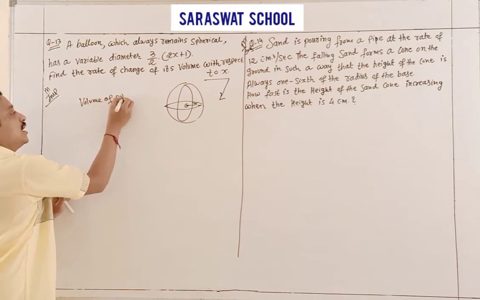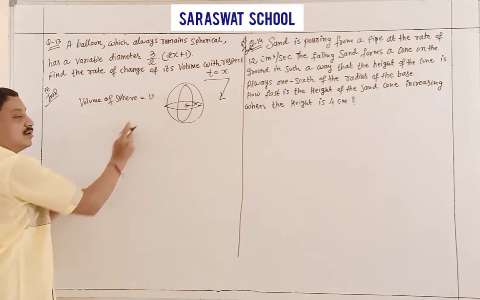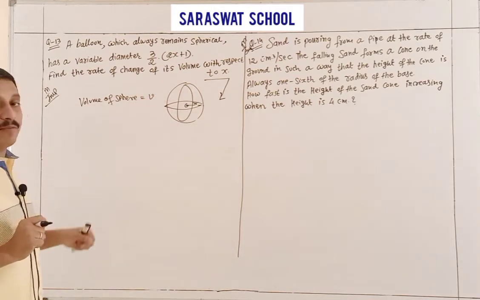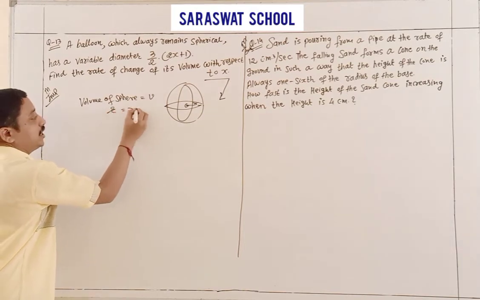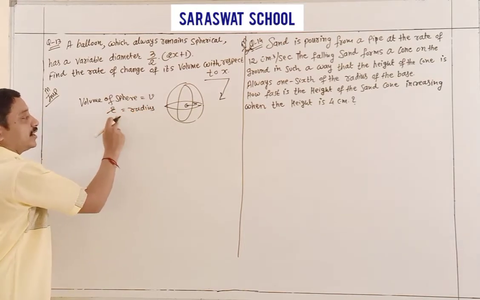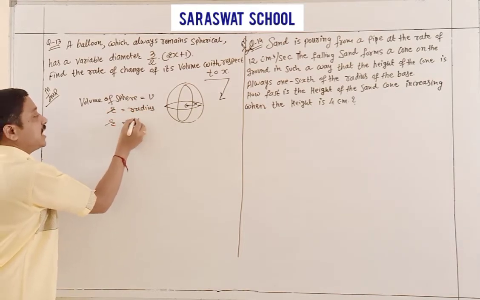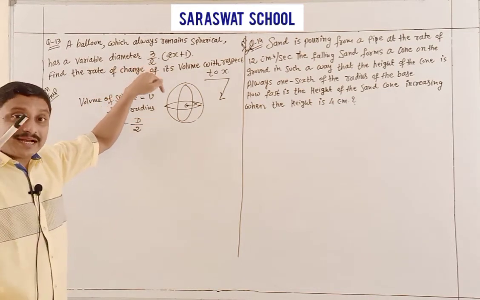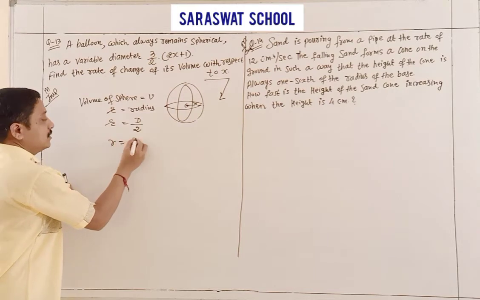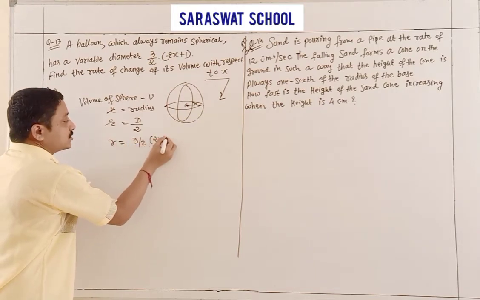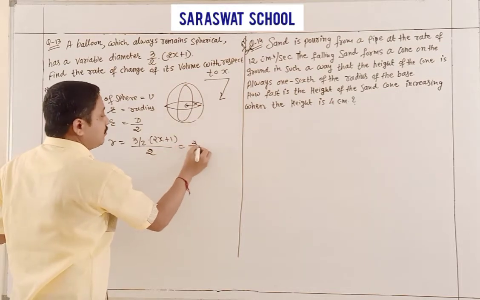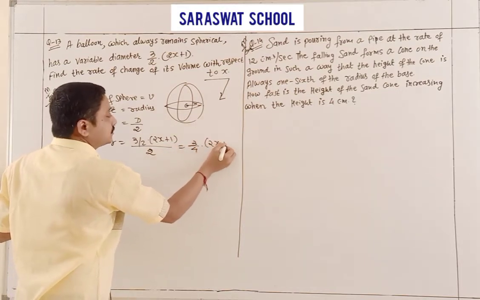Yes, volume of a sphere V is 4 upon 3 pi r cube, and r is the radius. But generally radius is diameter by 2. The diameter is given, so I apply that here: 3 by 2 times (2x plus 1) by 2, so your radius is 3 by 4 times (2x plus 1).